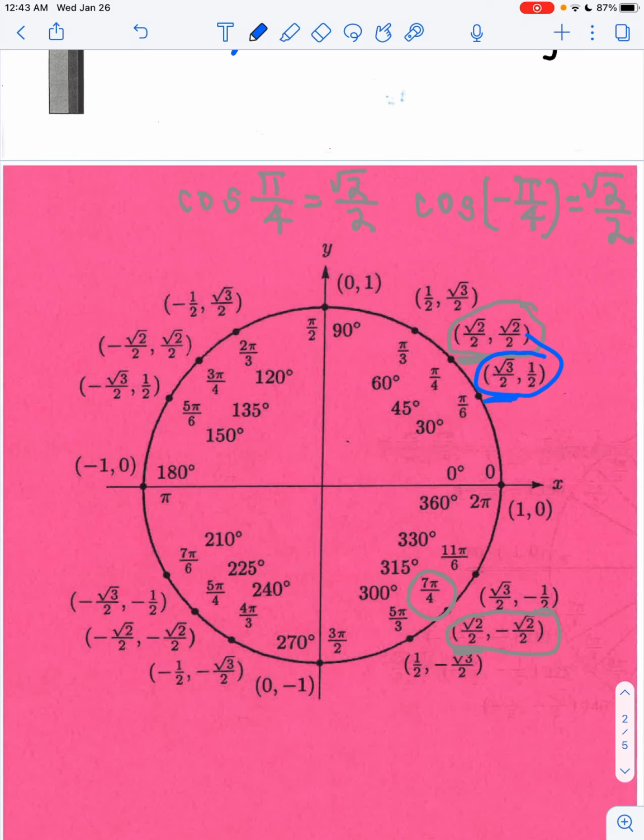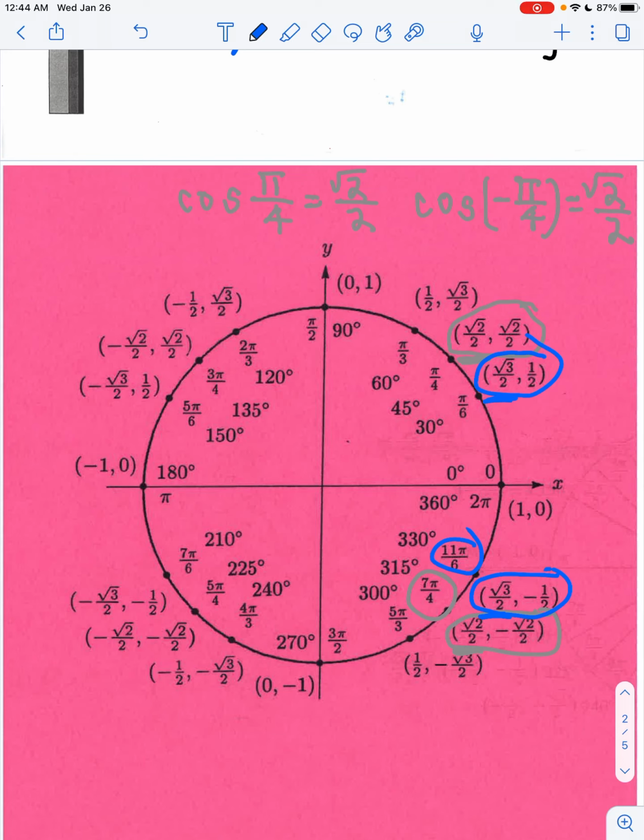Well, the cosine of that angle would be square root of 3 over 2, whereas the cosine of negative pi over 6 would be at this position and this ordered pair, and the cosine value is the same because the x-coordinate in quadrant 1 and 4 is going to be positive in both quadrants. Just like in 2 and 3, the x-coordinate is going to be negative.